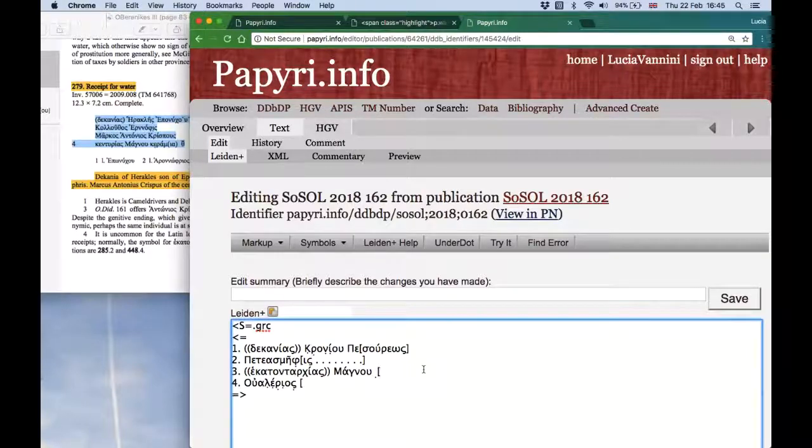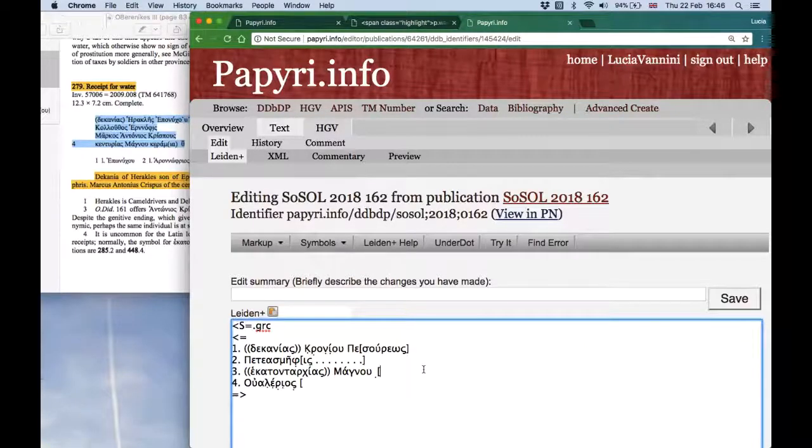In fact, Leiden Plus, like all markup languages, has a rigorous syntax which needs to be observed. Anyway, syntax errors are always noticed by the validation checker when we save our text. So when we try and save, a red banner is displayed to highlight a possible error.